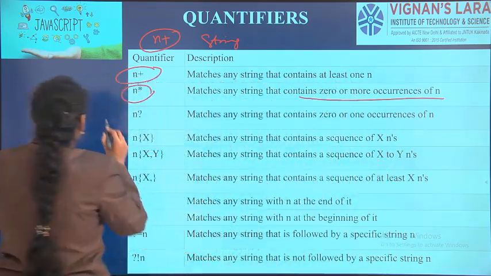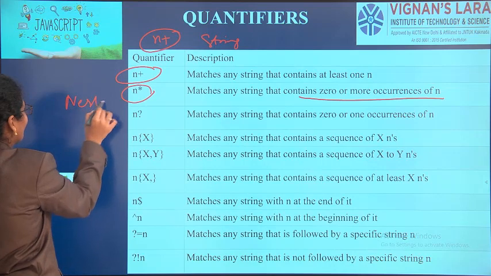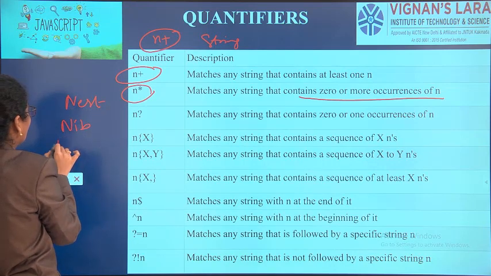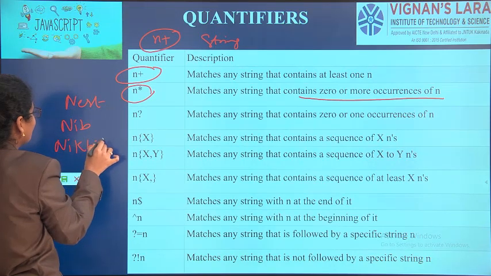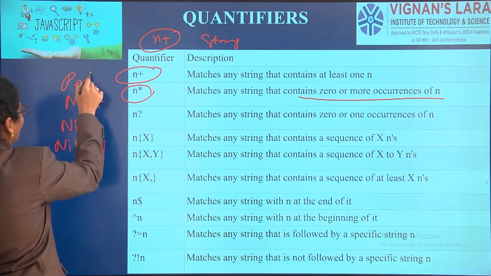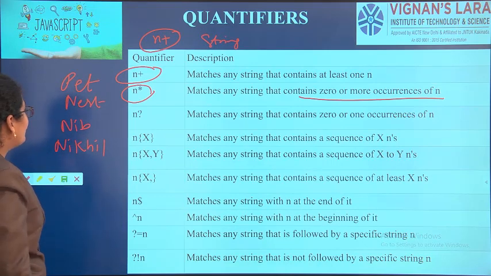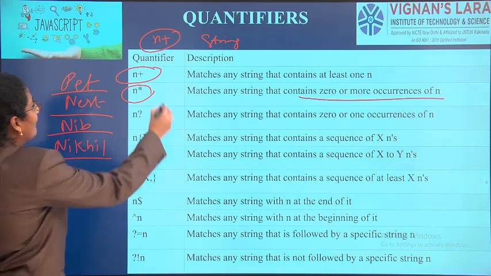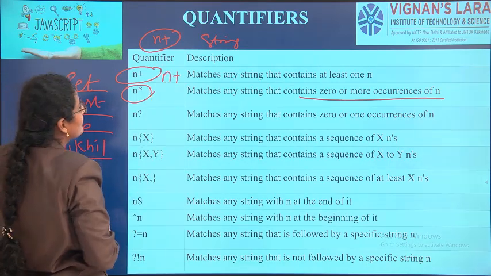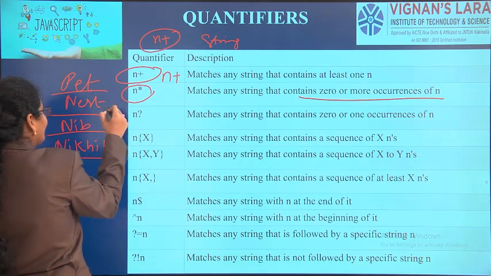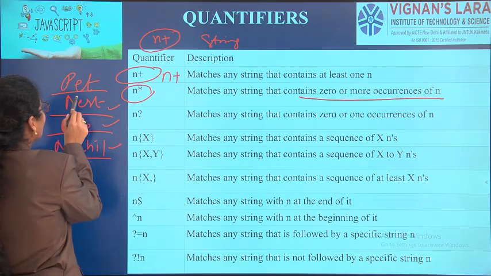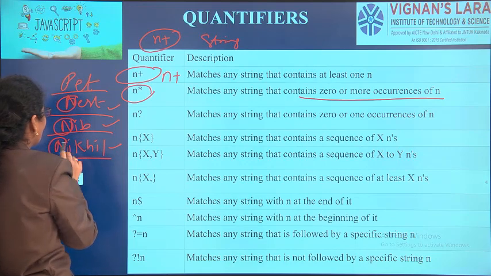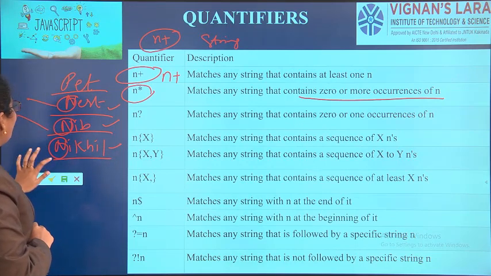So now let us take the strings like nest, nib, nickel, pet. Now what will n plus do? N plus will match with nest, nib and nickel, because at least one time we have n in nest, in nib, in nickel.